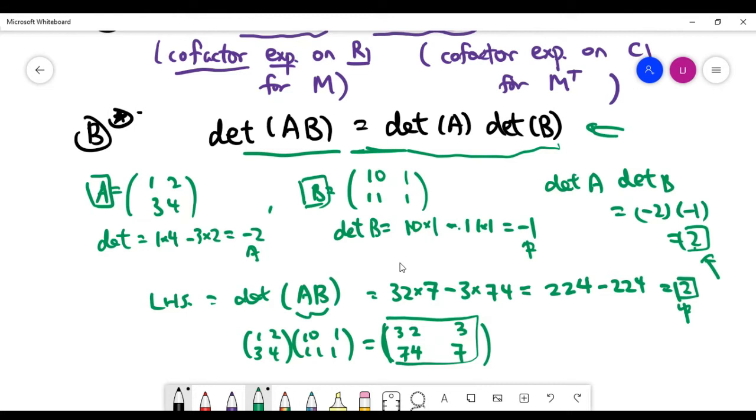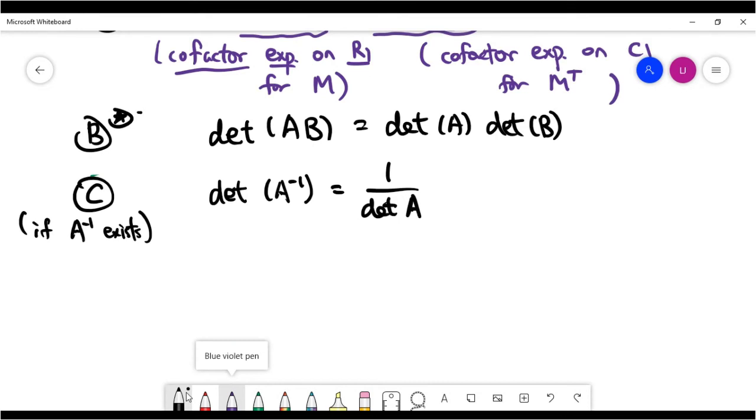And let's look at the next property, C. The fact is that if A inverse exists, I claim that the determinant of the inverse of A is going to be 1 over determinant A. Can you see why? Because we can look at the matrix equation. Based on the definition, the product of A and its inverse is the identity matrix. We can apply the determinant on both sides.